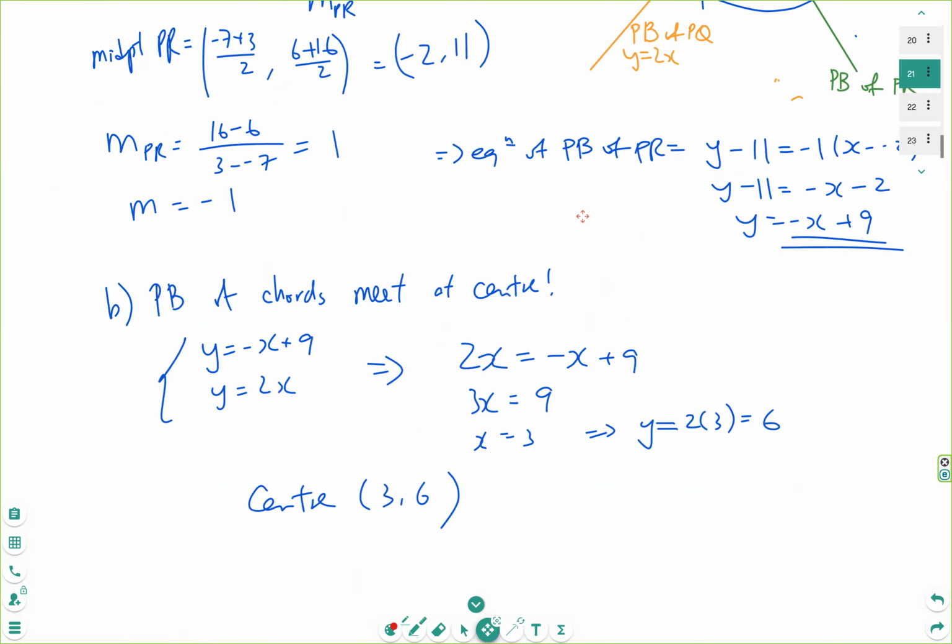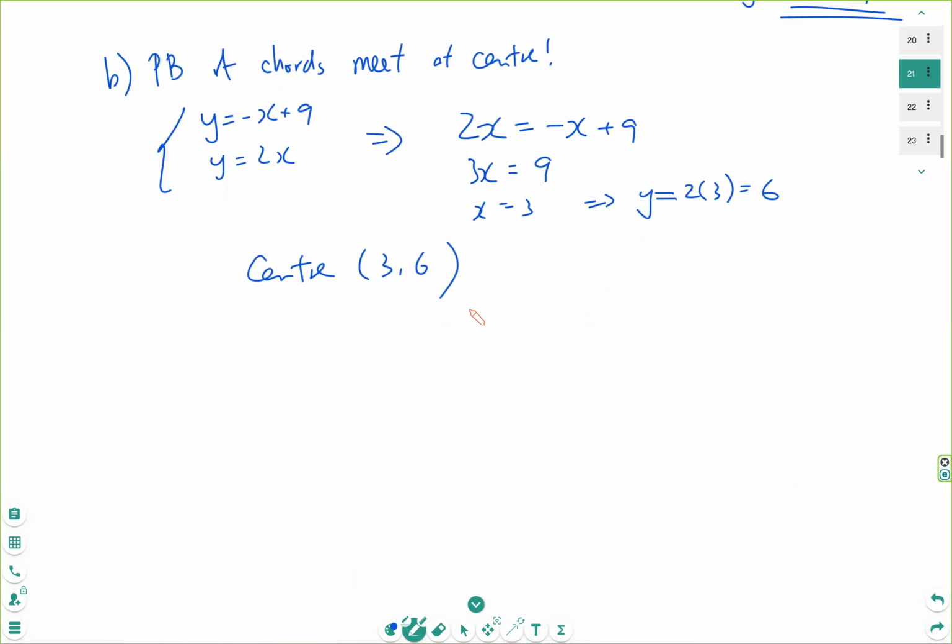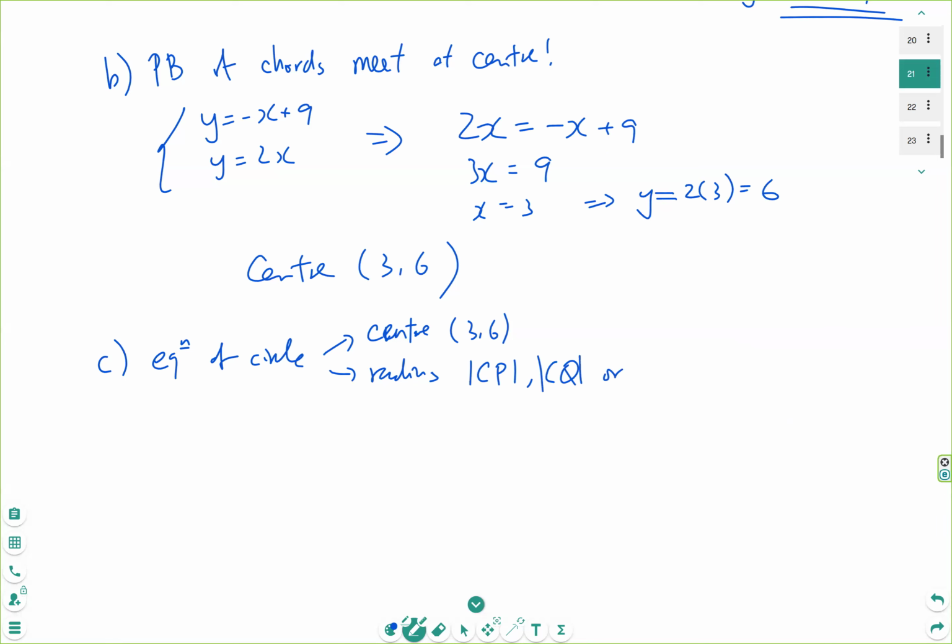So part C, to find the equation of the circle, we need two things: the center, which I already have, (3, 6), and the radius. The radius is either CP, CQ, or CR, up to you. Here, I'm going to just use CQ.